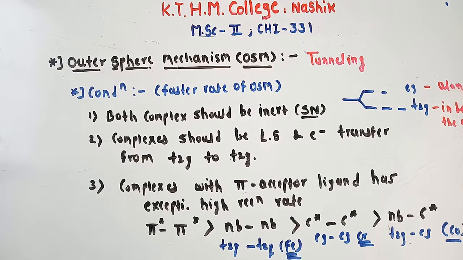So when there is a transition between Eg and Eg, the rate is somewhat slower. But if the transition is between T2g and T2g, the orbital is in between the axes, so there is no such repulsion. So here the OSM rate is faster.